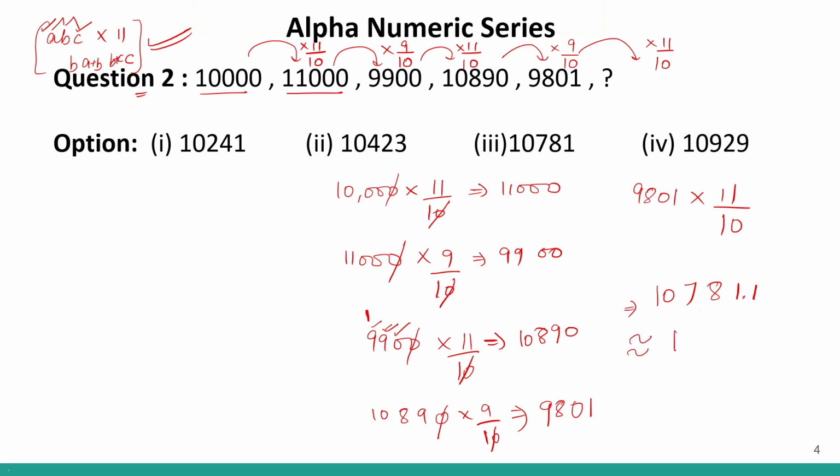So I can write it as 10781. I can ignore 0.1. Correct? So 10781 will be the next term. Basically, it should be 10781.1, but this is very minute, so we can ignore it. So the answer will be option number 3, 10781.